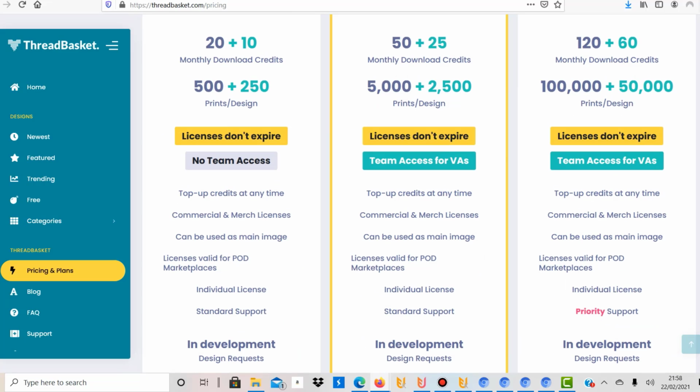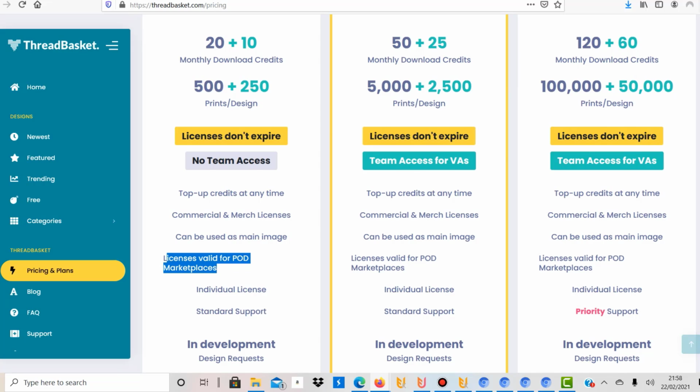As you can see here, it's commercially usable. You can top up credits as well. It can be used as main image, so there isn't really a need to embed it into a different design. You can just use it as it is. And they especially say licenses are valid for print-on-demand marketplaces.